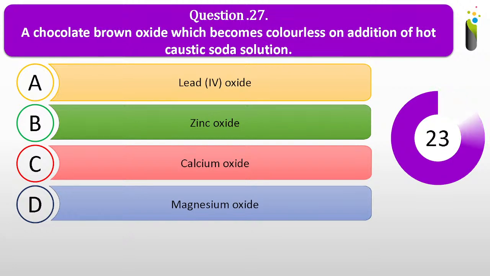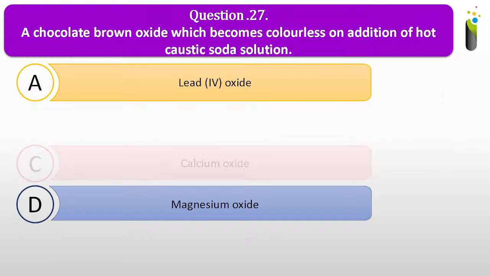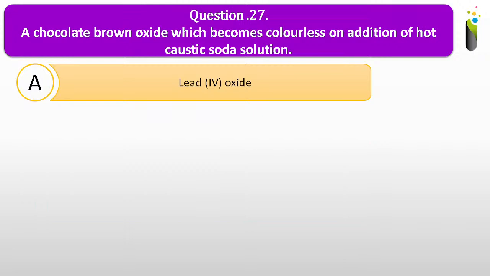So answer me for question number 27. And the correct answer for this question is lead 4 oxide. So lead 4 oxide is a chocolate brown oxide that becomes colorless on addition of hot caustic soda solution.